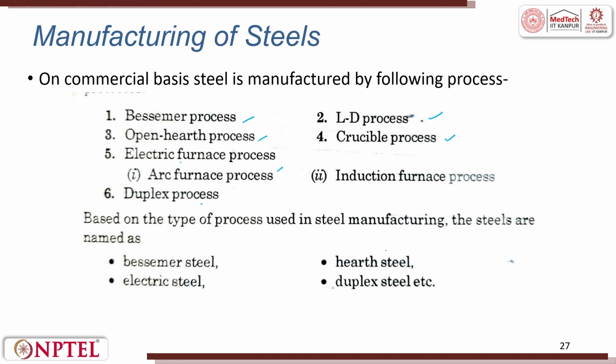In electric furnace, you can have arc furnace, you can have induction furnace. Based on the type of process used in steel manufacturing, the steels are named as Bessemer steel, electric steel, hearth steel and duplex steel. These are the different steels which are available in the market.